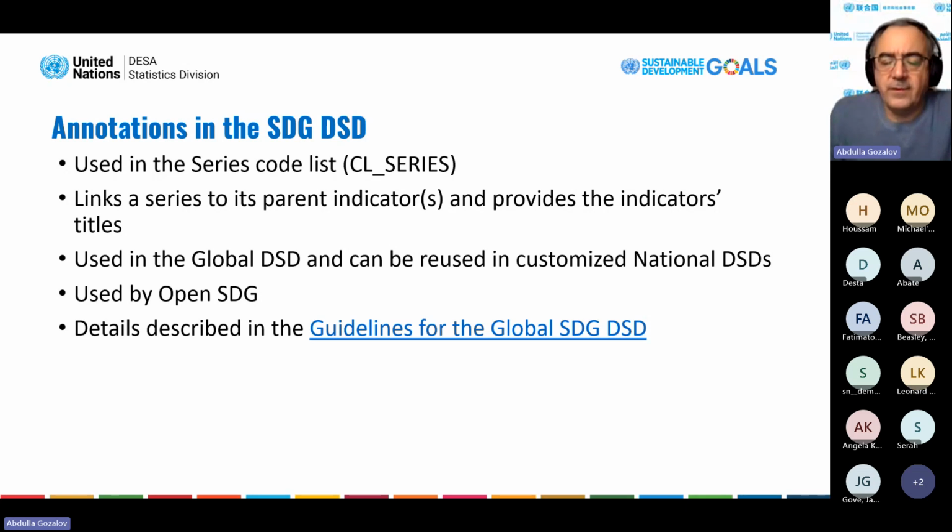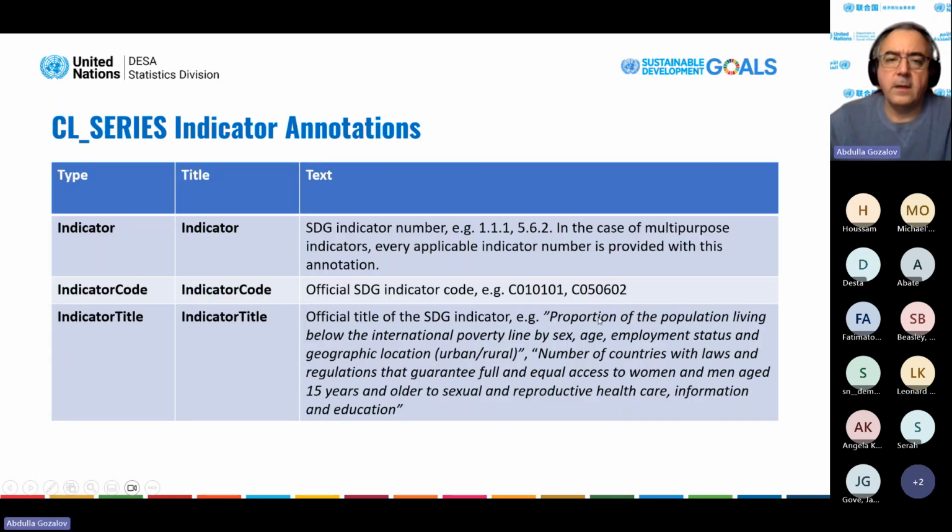And simplify visualizations. It is used in the global data structure definition, and it can be used in the national data structure definition. If you look up the guidelines for the global SDGs, you will see that it's there, but we'll also review those annotations here.